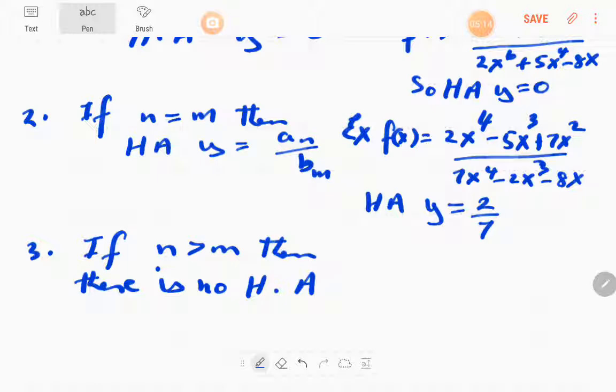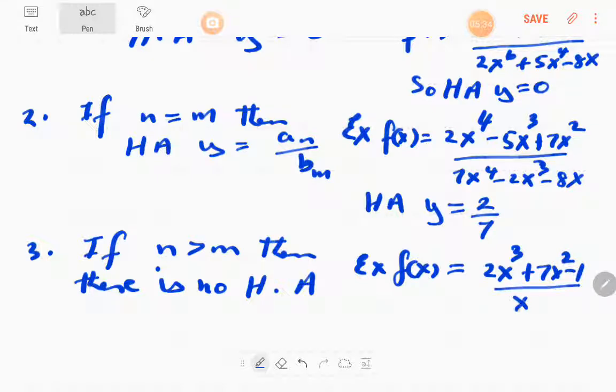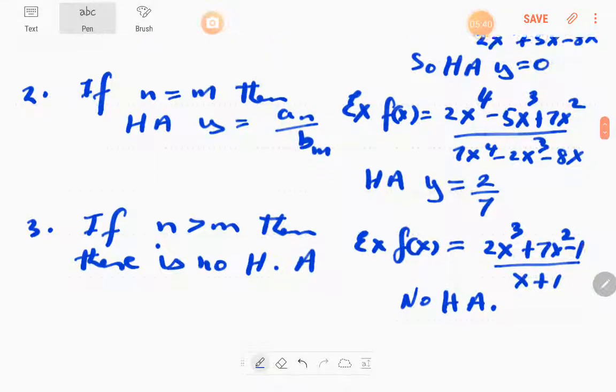So when the degree of the numerator is bigger, there's no horizontal asymptote. So for example, f(x) equal to 2x to the third plus 7x squared minus 1 over x plus 1. So here, no horizontal asymptote.